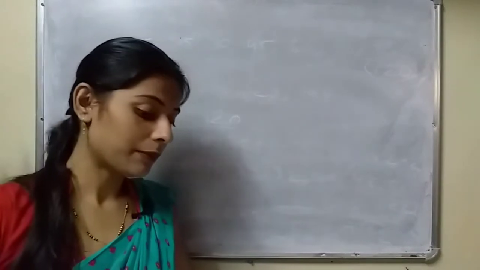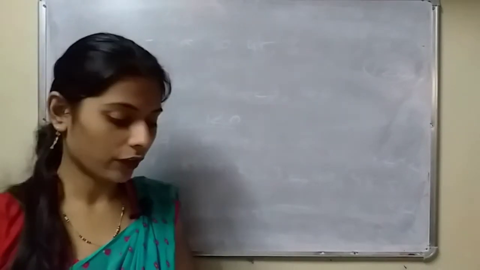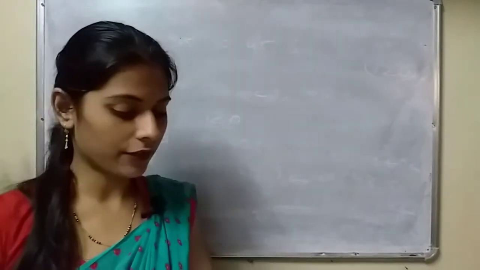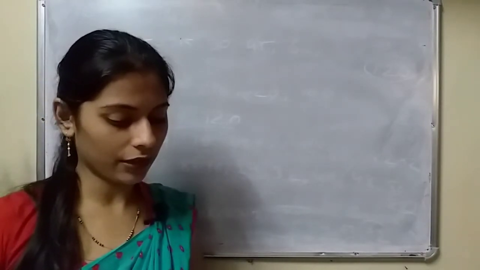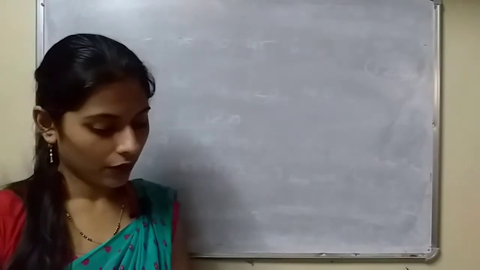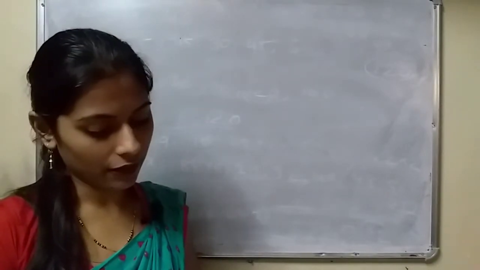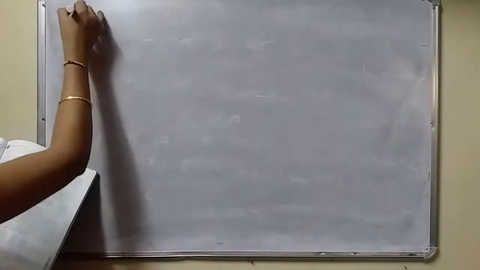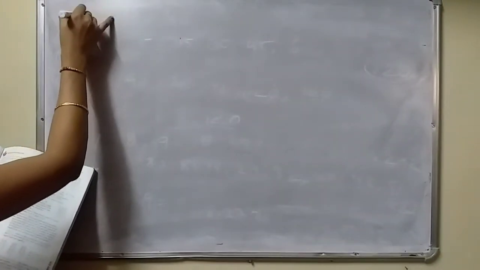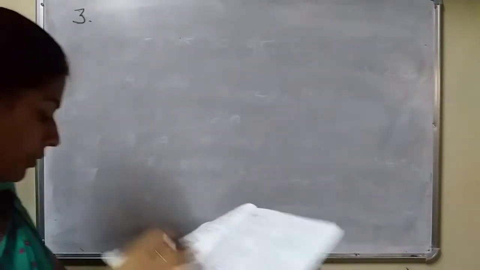Now see example number 17, we have solved it already. 88 and 64. The LCM is the product of all the divisors and the quotient if any common divisor. See, they have taken the LCM here, 88 and 64. See, we will solve question number 3. Like this only we have to solve.